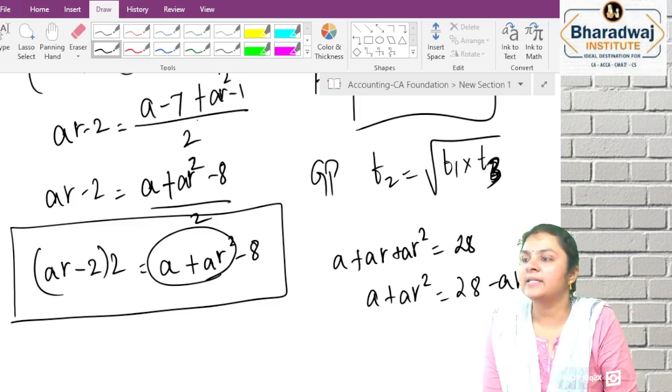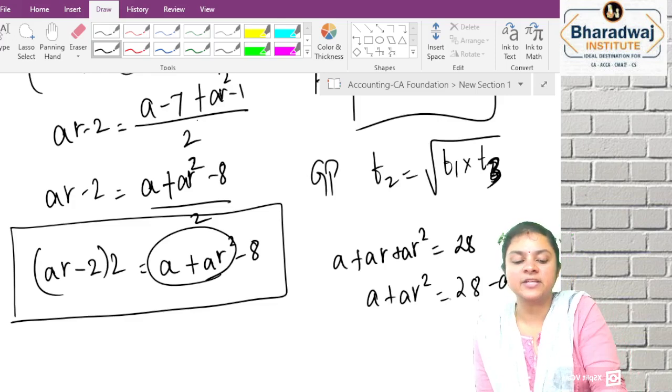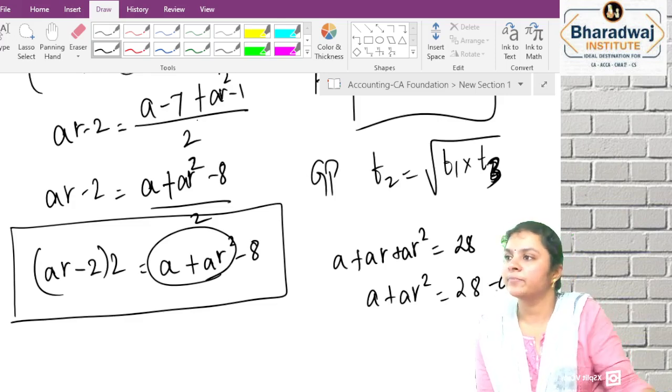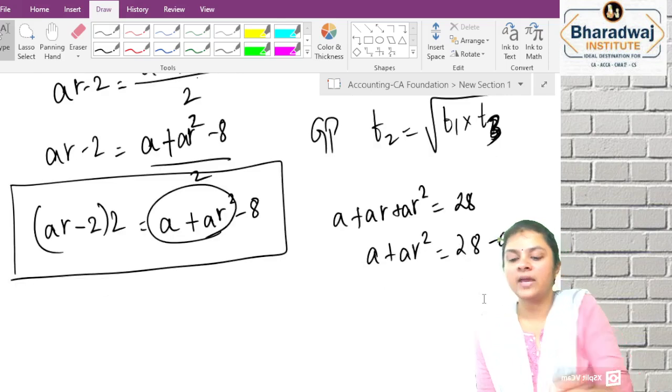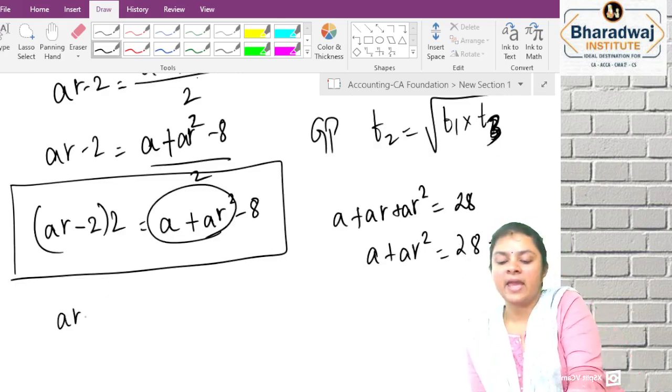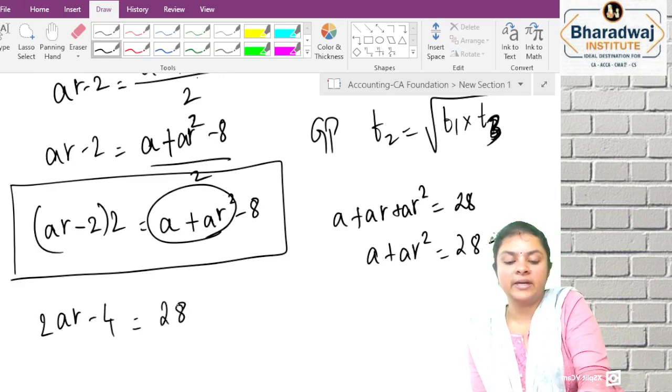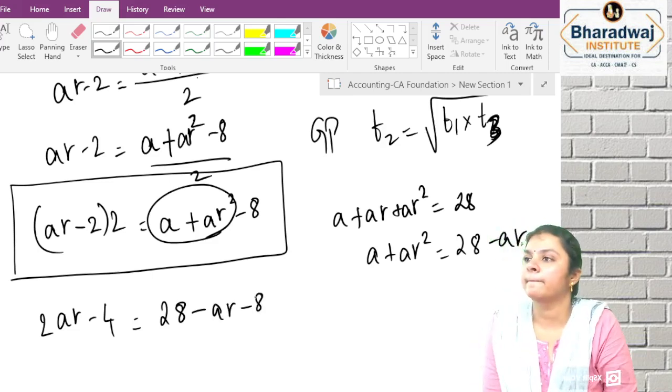So can I write this as 28 minus AR? Yes. So 2AR minus 4 is equal to 28 minus AR minus 8. Correct?